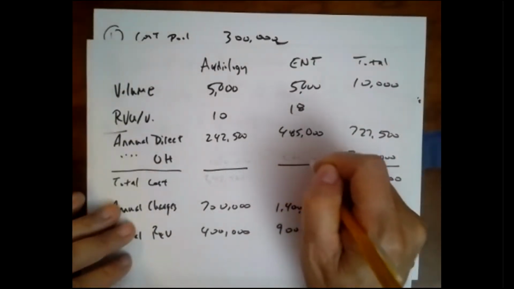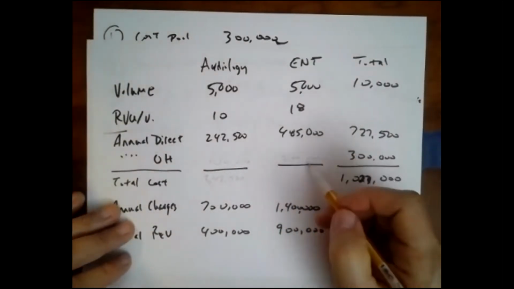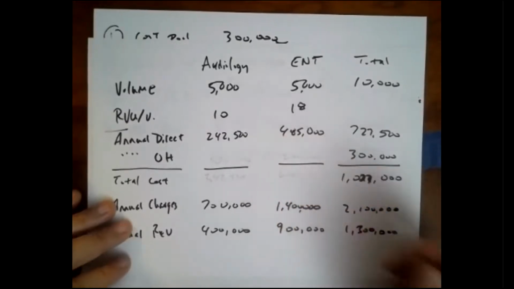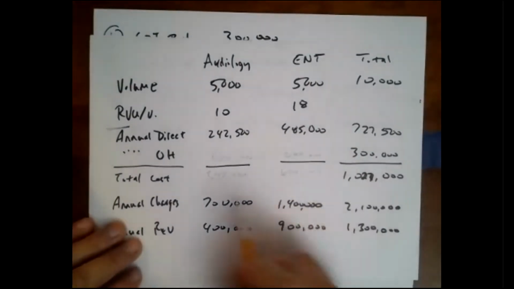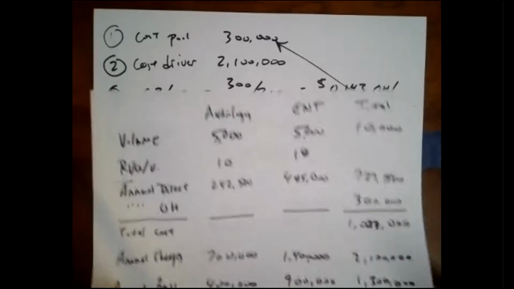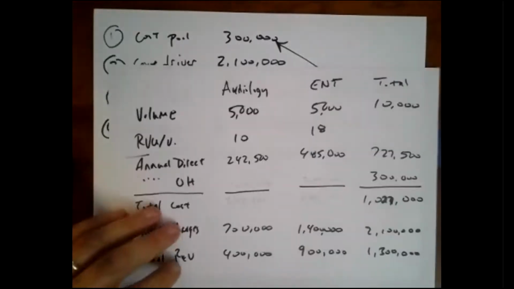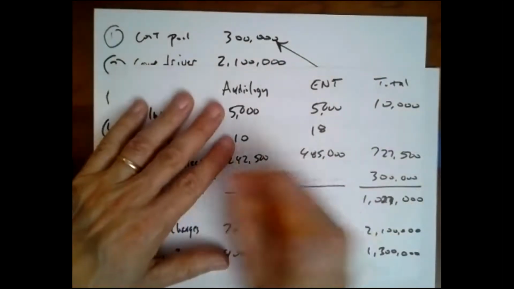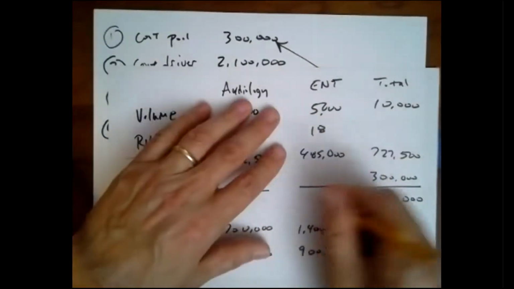So 485 plus 200 is 685. Add those two together, and they should add up to the 1,027,000 again. Okay, so that was what we did in class on Tuesday. So that was just a little bit of a repeat. Let me get rid of these numbers for now. I'll write over them later.